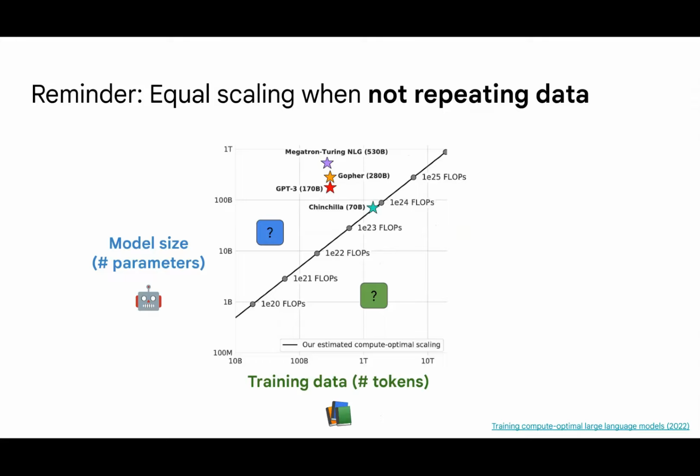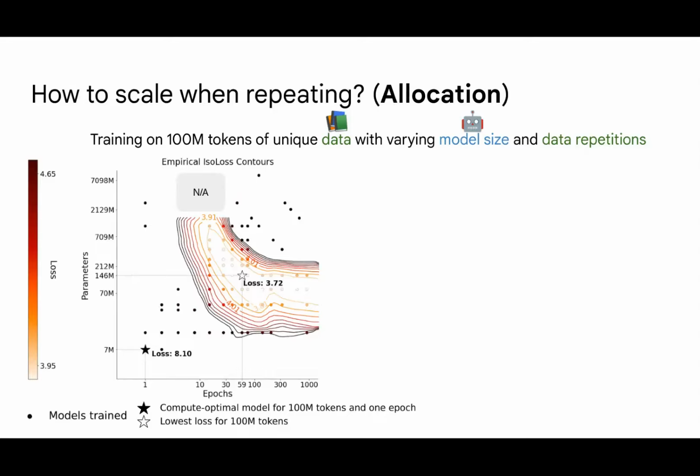We can examine this question both empirically and utilizing our formula. If we look at the empirical experiments, we can draw a contour curve that shows the loss of various models trained with different numbers of parameters and for different numbers of epochs.